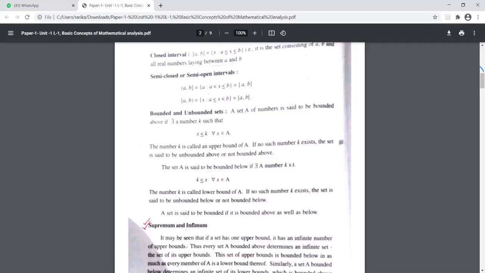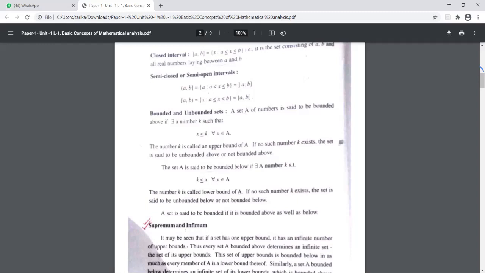The number k is called the upper bound of A, meaning all the elements in this set will be less than k. If no such number k exists, the set is said to be unbounded above or not bounded above.